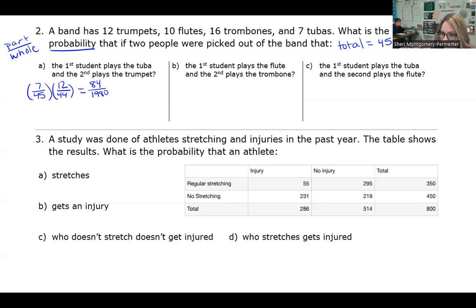Did anybody get a reduced fraction yet? Mm-hmm. Very good. 7 out of 165. What's the decimal?